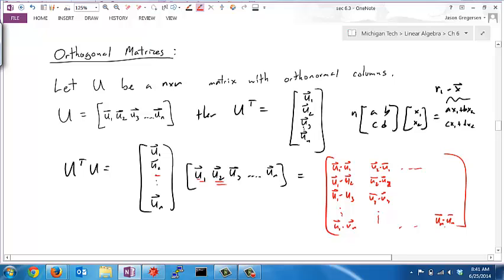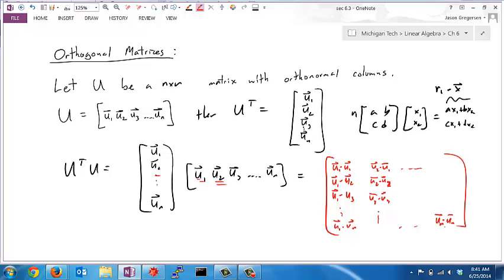But now when I look at that, these are orthonormal vectors. So what is U1 dot U2? What's U1 dot U3? U1 dot UN? All 0 except for this one. What's U1 dot U1? Absolutely.